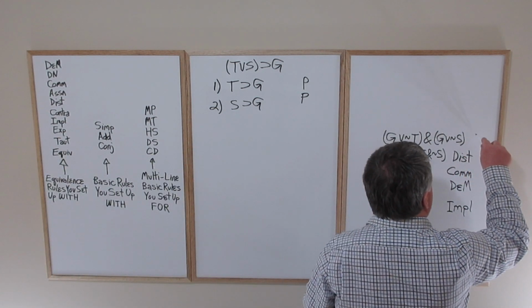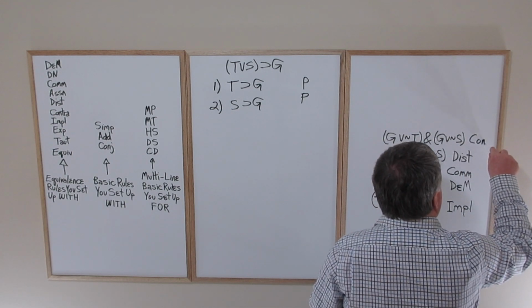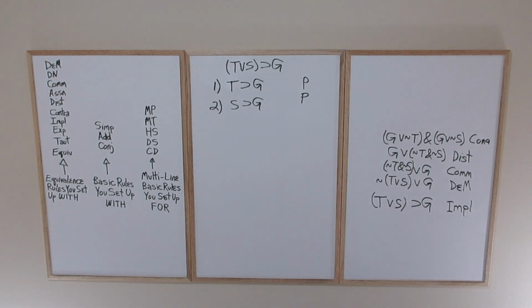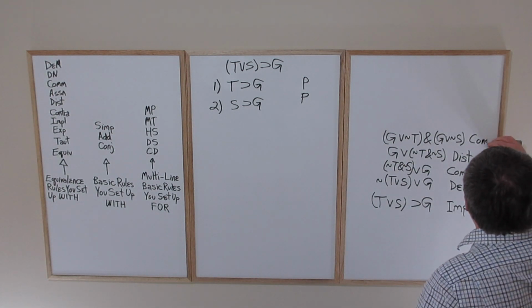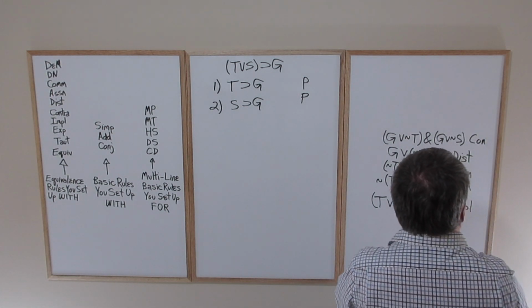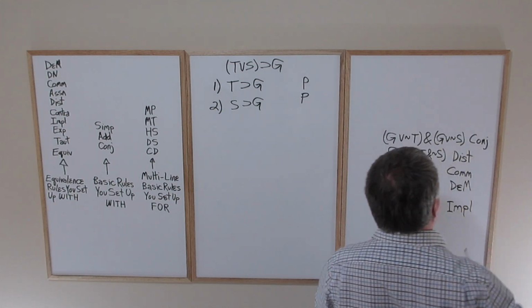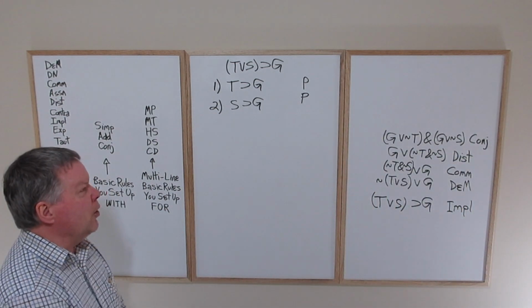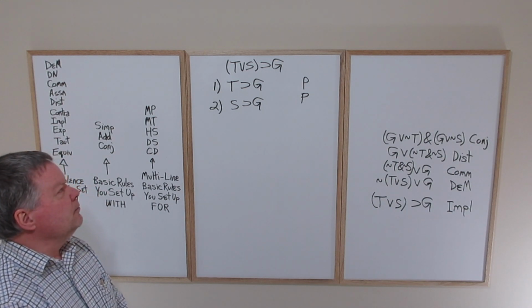Well, not surprisingly, we're going to get this conjunction by the conjunction rule. And what that's going to mean is we just have to get both of the conjuncts separately.